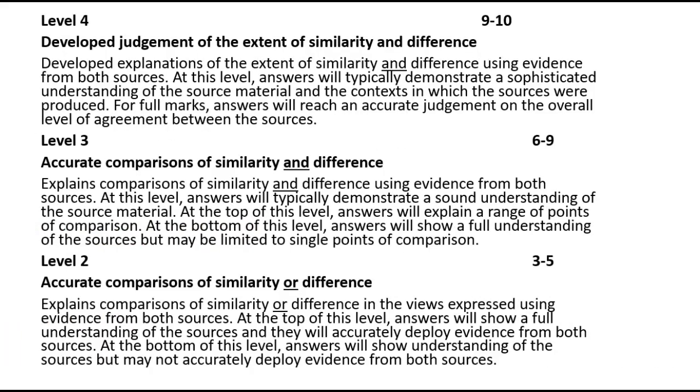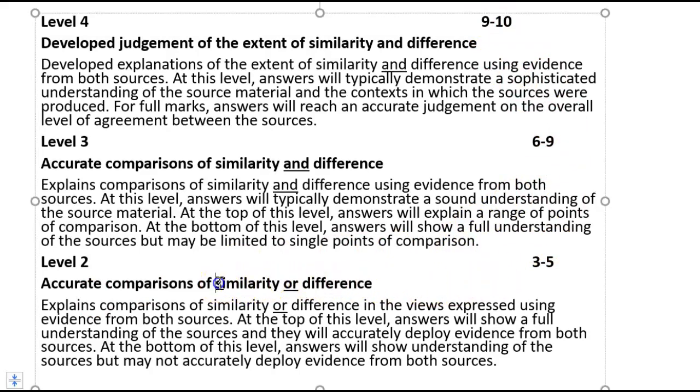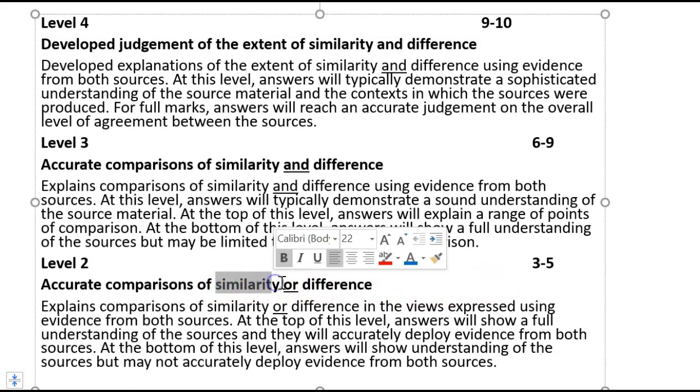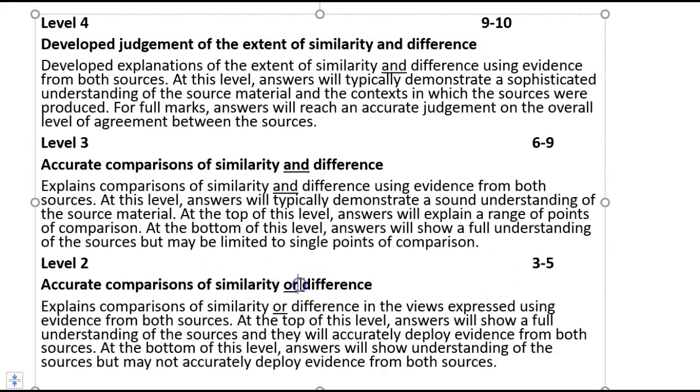In terms of a marking guide, it is out of 10, and you'll note that if you only look at a similarity or a difference, then the max you're going to get is 5 out of 10. So in order to get as close to 10 as possible, you need to ensure that you look at both similarities and differences.